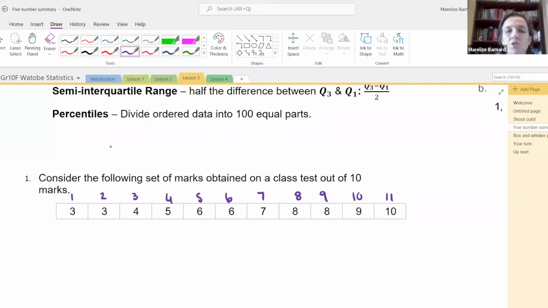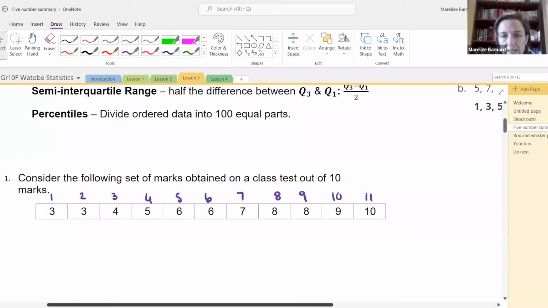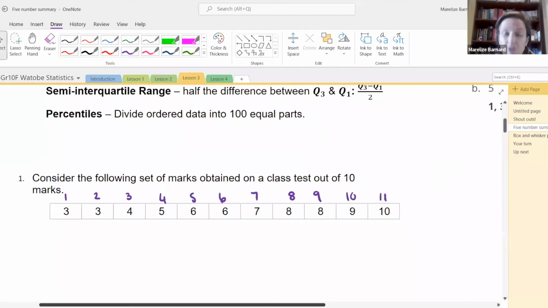Can anyone pop it in the chat: what is the median of this data set? 6. That's right. The median is the 6th data value, which also happens to be 6.